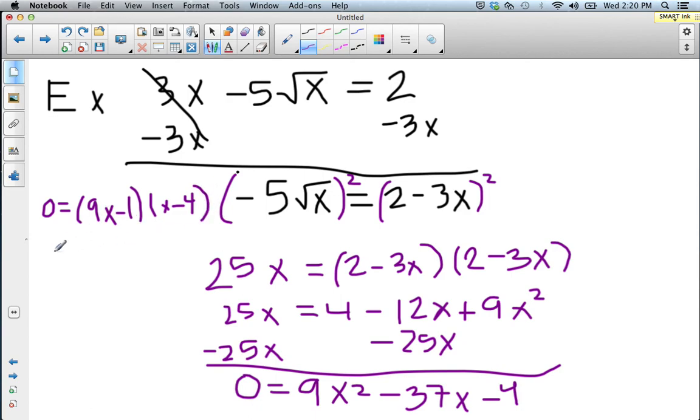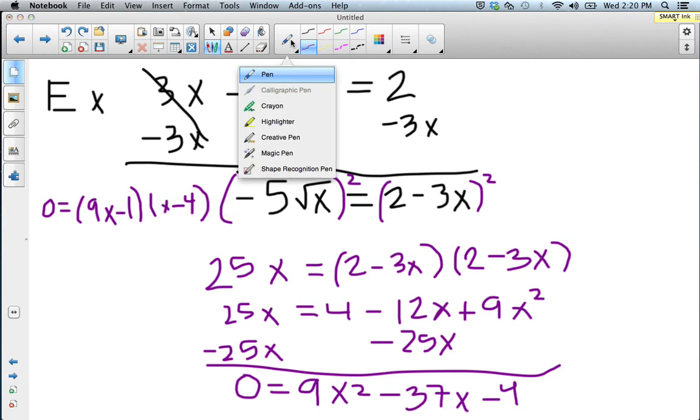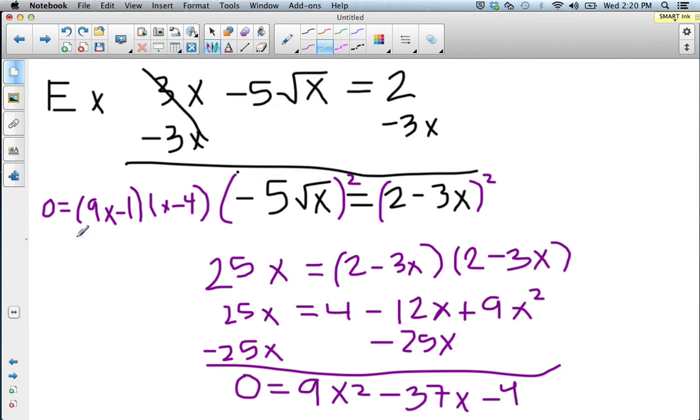We set each part equal to 0 because zero product property says that if we multiply two quantities together, one of them has to actually equal 0. So 9x minus 1 equals 0, or x minus 4 equals 0. So x equals positive 1 over 9, or x equals positive 4.